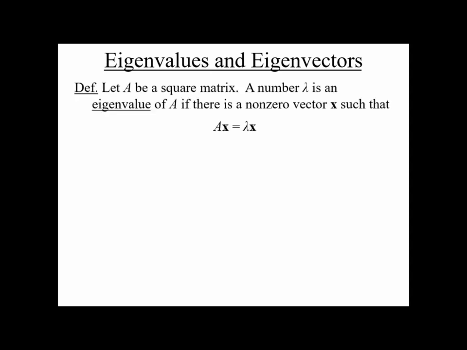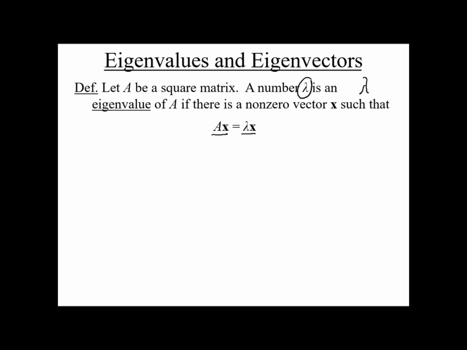Okay, so here's what we're looking at. Let A be a square matrix. In this section, we're only dealing with square matrices. This is the Greek letter lambda. I'm going to draw it by putting a little right side here and then a little leg on there. So that's lambda. The number lambda is an eigenvalue of A if there is a non-zero vector x such that multiplying the matrix A times x is the same as multiplying that scalar lambda by x.